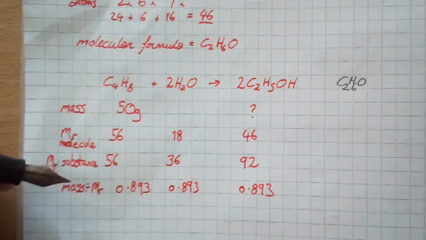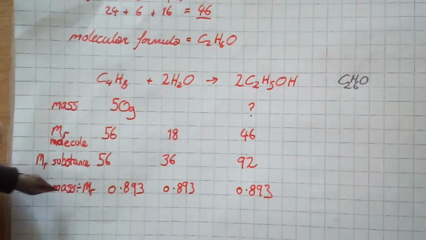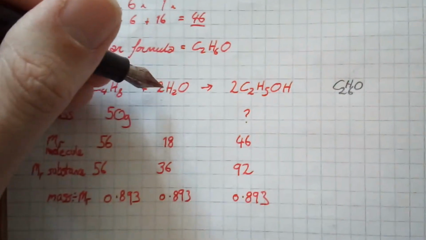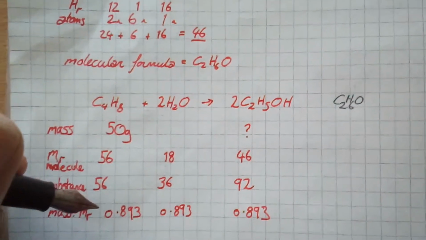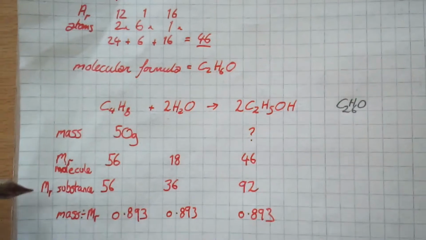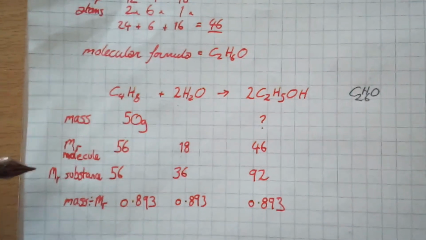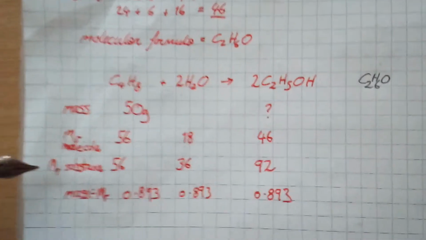Okay, so some teachers will get you not to do this and say mass divided by MR. Oh, but that's double it, so you've got to do timesing and dividing and messing around. No, do it like this, nice and easy. I know it's not perfect, but it means that you're not going to go wrong later.